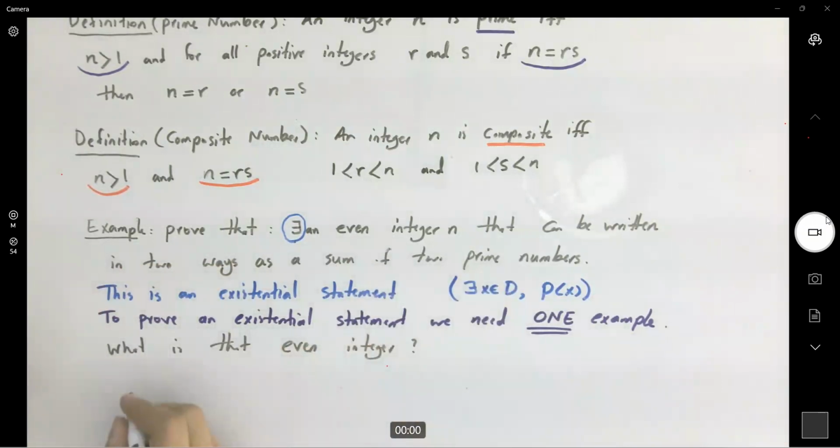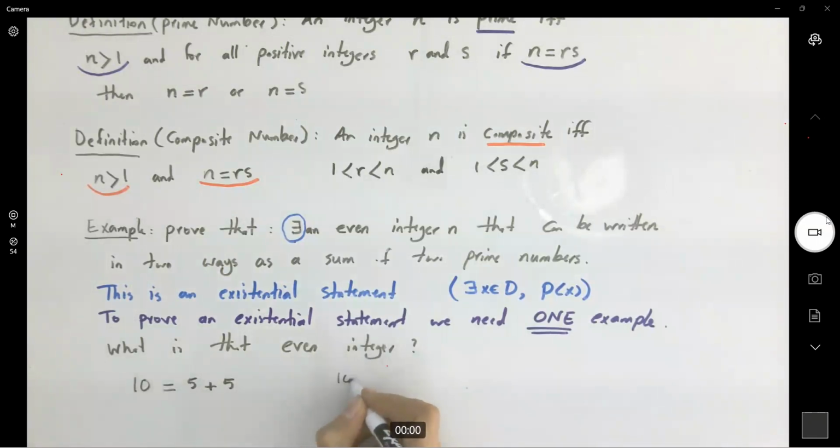For example, if you take 10, 10 is an even integer, of course. 10 can be written as 5 plus 5, prime plus prime. 10 can be written as 3 plus 7. Okay.